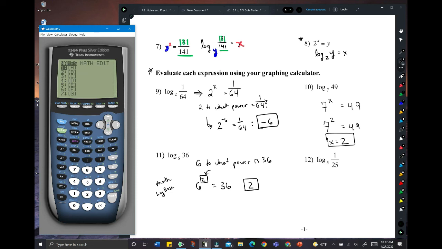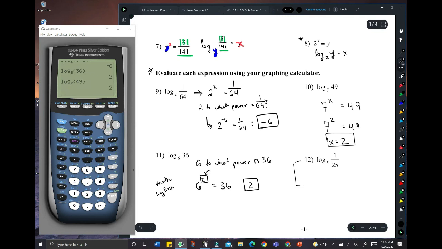One more time, if you need to use your calculator, Math, down to log base, and you can do 7 and 49. Sometimes you will get decimals, but you'll be okay. Try out 12, pause the video, and again, you should get a regular number.